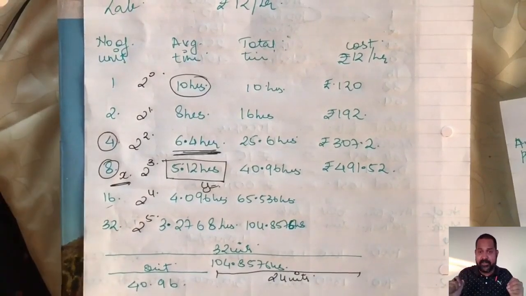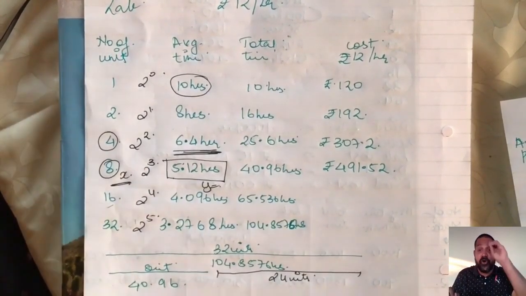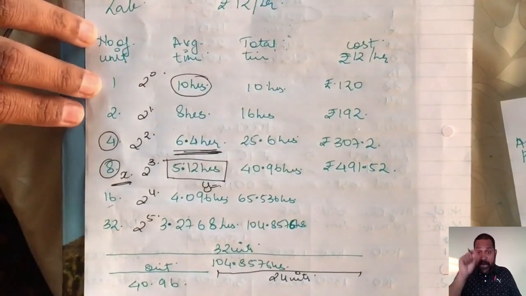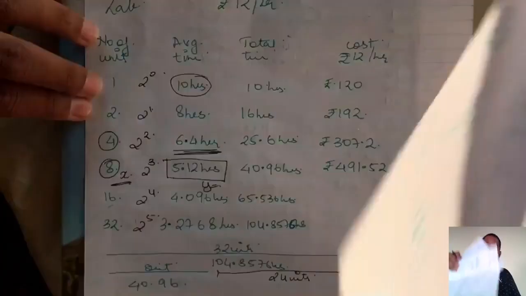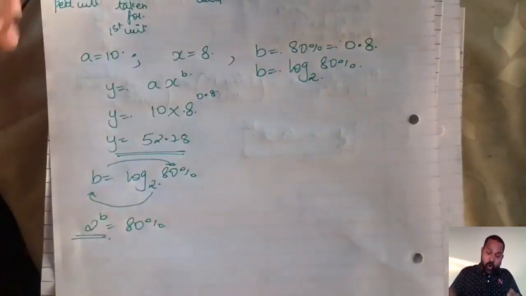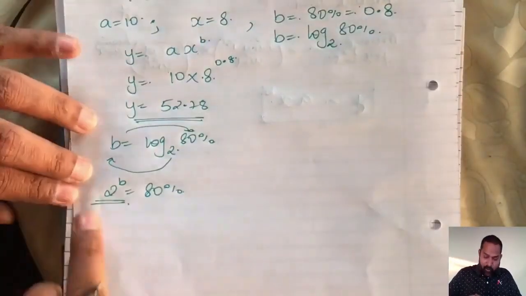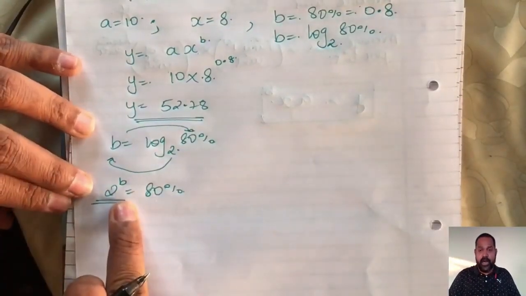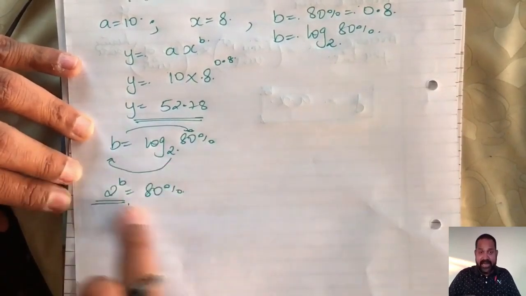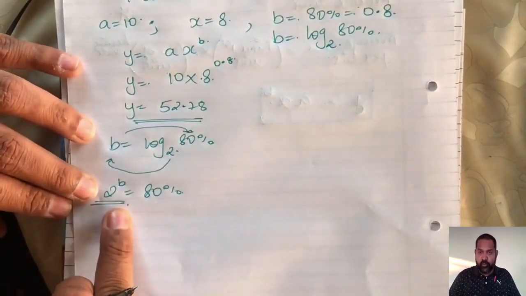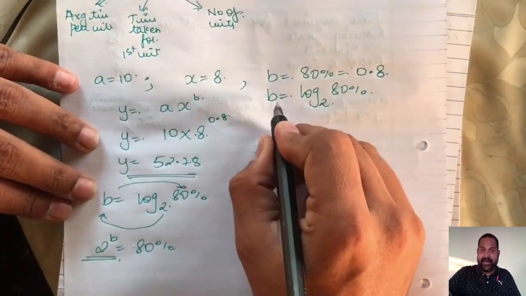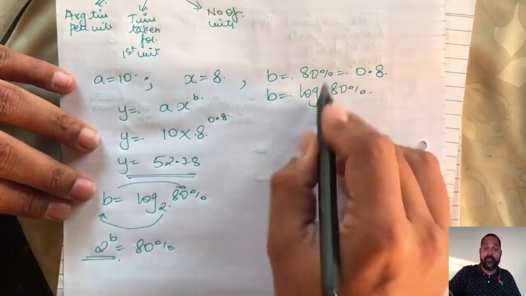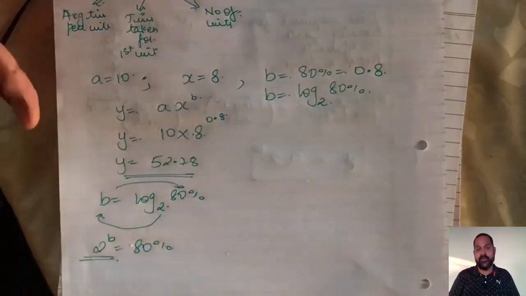Learning happens to the power of 2. And because learning happens to the power of 2, our learning rate should also be a power of 2. And because our learning rate has to be a power of 2, that is why B, the learning rate, is the log of the learning rate to the base 2.